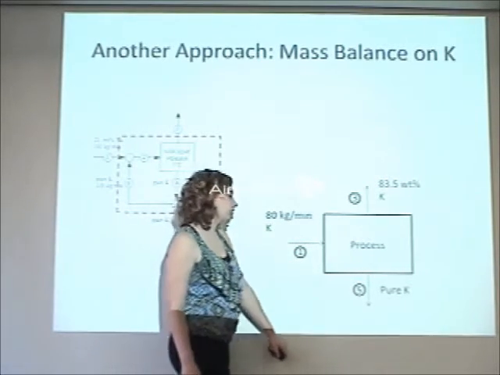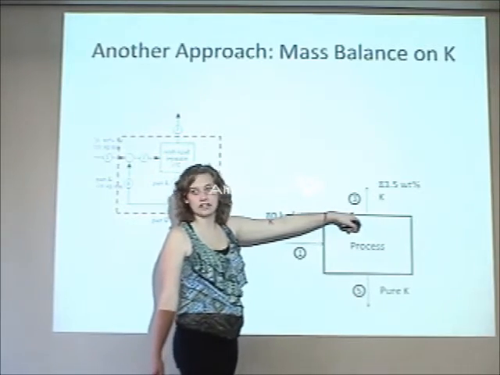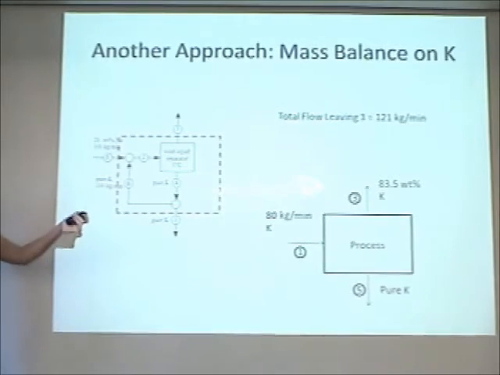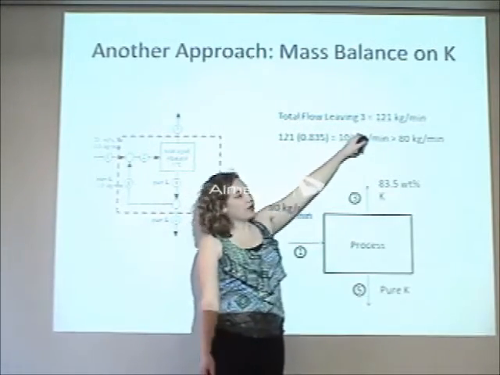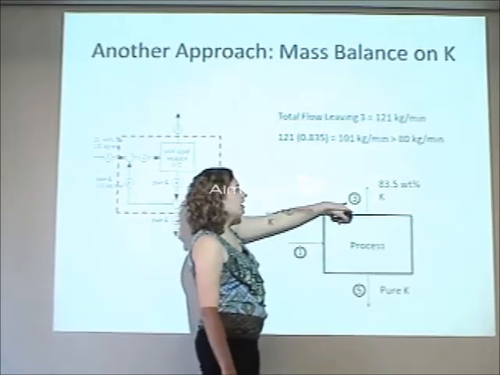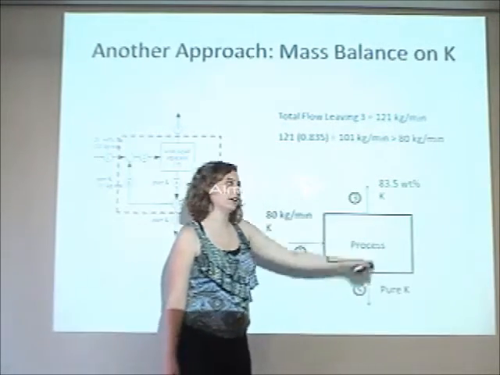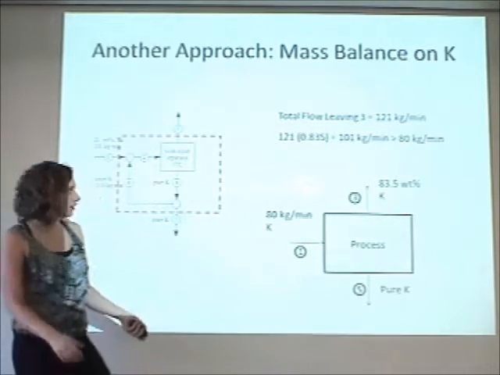Do I have a flow rate of stream 5? Do I have the flow rate of stream 3? Yeah. I just calculated the flow rate of stream 3, right? Using my lever rule. So I can say that based on this overall flow rate of 121 kilograms per minute coming out of stream 3, that means I must have 101 kilograms per minute of K coming out of stream 3. Well, that's more than the 80 K that I'm putting into the system, so that's not going to work.